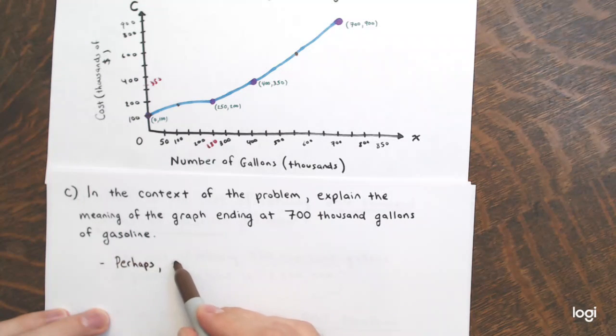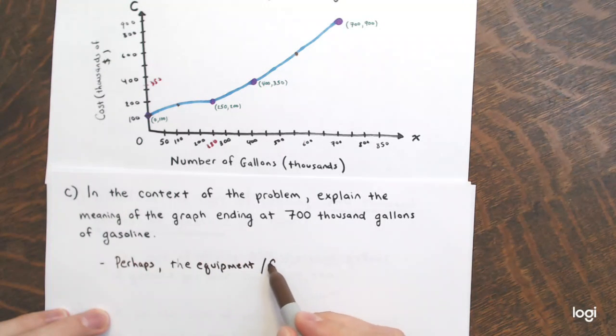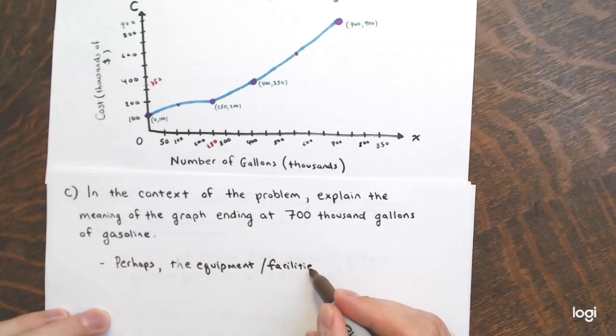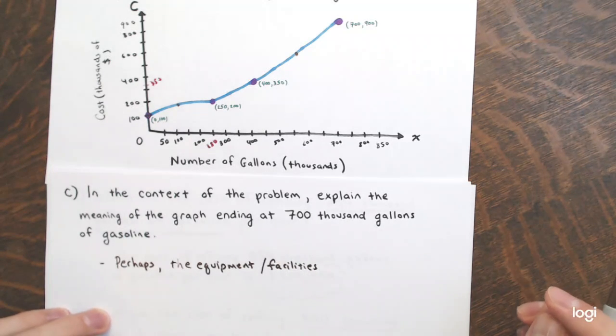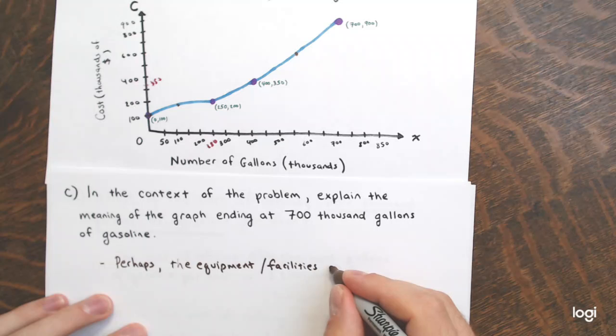So perhaps the equipment or the facilities that this company is refining gasoline in only allows a maximum capacity of refining 700,000 gallons per hour.